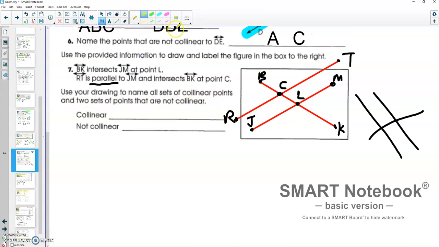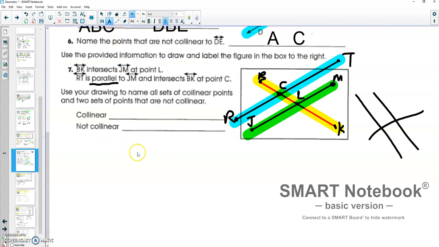So again, let's draw the lines. Let's highlight the lines. So I have a yellow line, I have a blue line, and I have a green line. What is collinear? So let's go by color. The blue one has R, C, T. Those are on the same line.